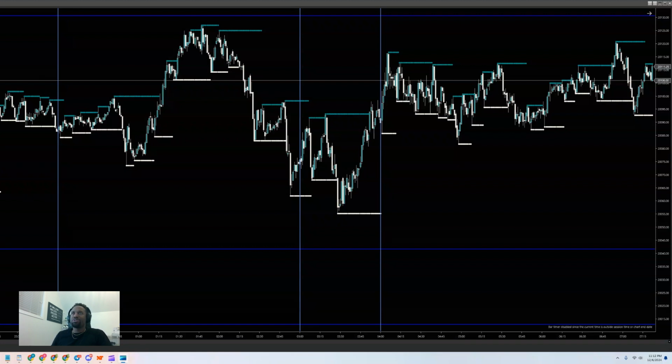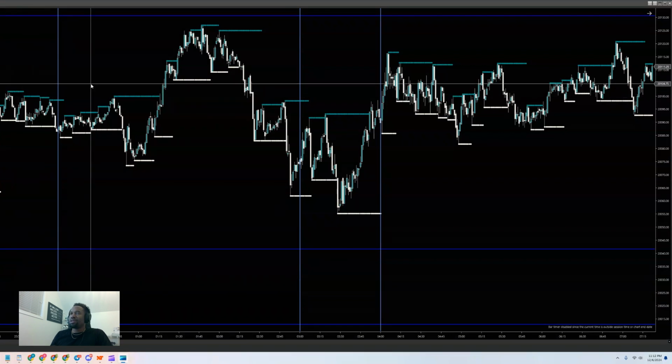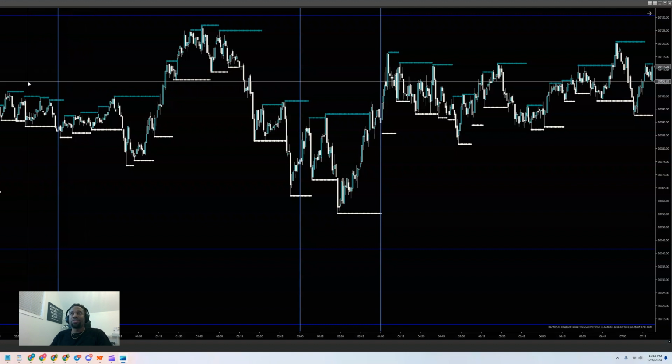It just helps to see the pivots a little bit more easily if you are still not sure how to spot those during a live market. I do recommend that you learn to chart these swing highs and lows on your own, because you don't want to be a slave to an indicator.